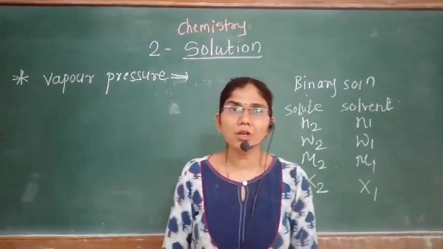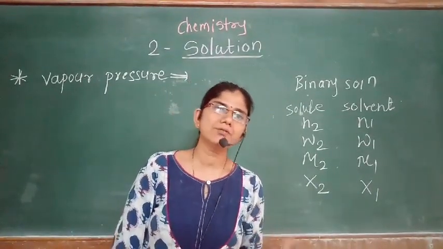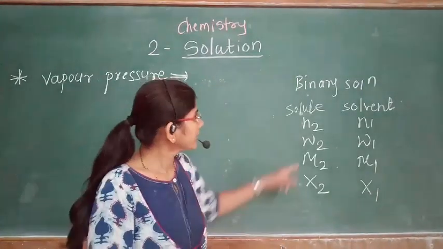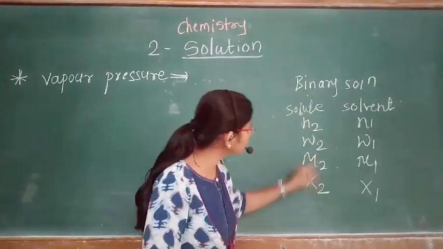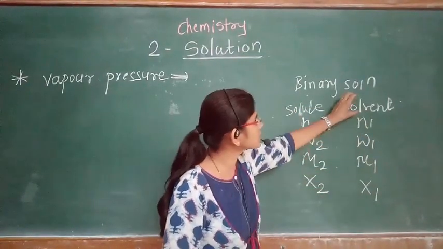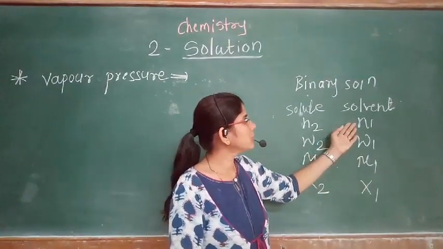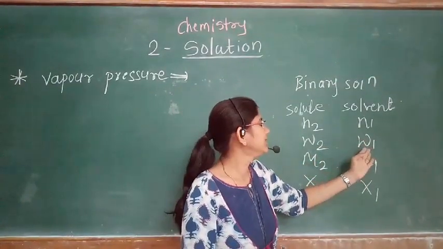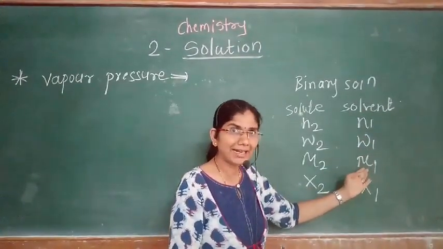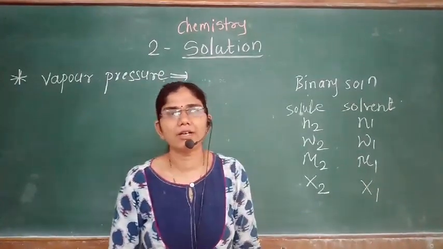So we must always remember that for a binary solution, the subscript 2 is used for the solute and the subscript 1 for the solvent. That means the number of moles of solvent is N1, the weight of the solvent is W1, the molar mass of the solvent is M1, and the mole fraction of the solvent is X1.